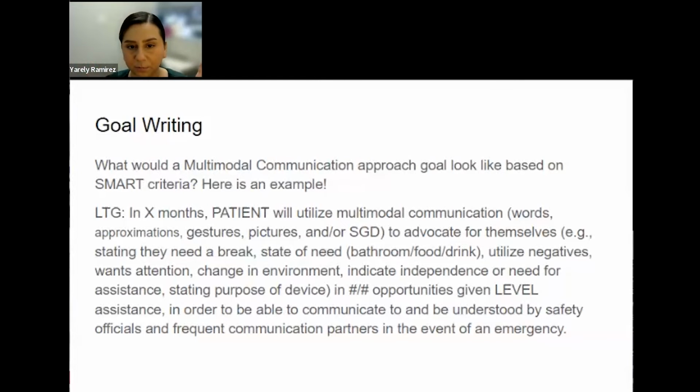So we put the parameter of what advocating for themselves is, and then we put it in however many opportunities we want, given minimum, moderate, maximum assistance in order to be able to communicate and be understood by safety officials in case of emergency.